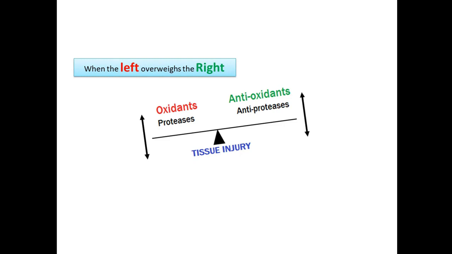There will be injury to the healthy tissues. And normally the oxidants should be balanced by the antioxidants, but whenever the production of the oxidants and various enzymes like proteases exceeds the production of the antioxidants and antiproteases, they will cause damage to the healthy tissue.